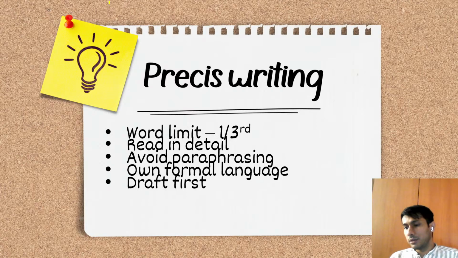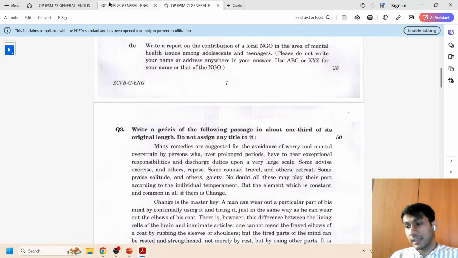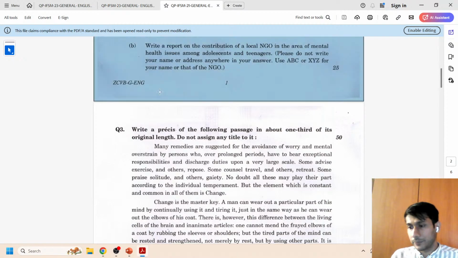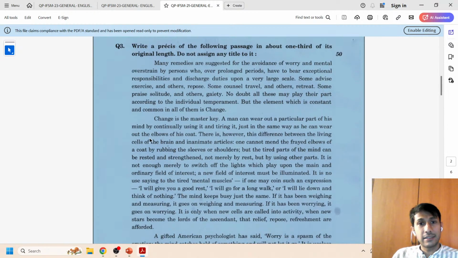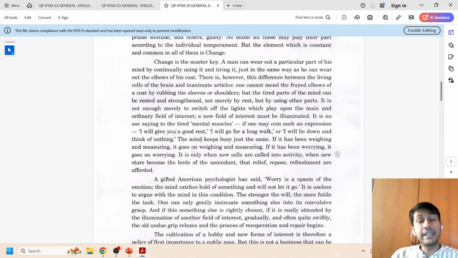Once you are clear about the word limit, once you have arrived at a figure, read the entire passage in detail so that you see everything that is there. Underline all the key ideas, arguments, counter arguments, if at all any, in the passage.